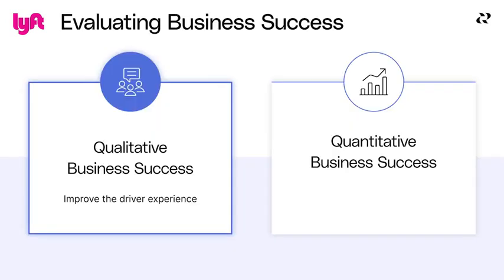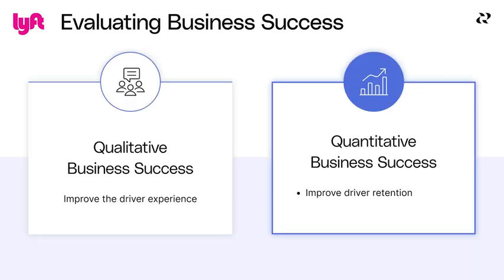The driver experience team's qualitative business goal was similar to the qualitative user goal: improve the driver experience. To define quantitative business goals, the team considered how improving the driver's end-of-session experience might positively impact the business. Minimizing empty return trips, and therefore increasing driver earnings, was known to improve driver retention, so this was one metric the team hoped to impact.